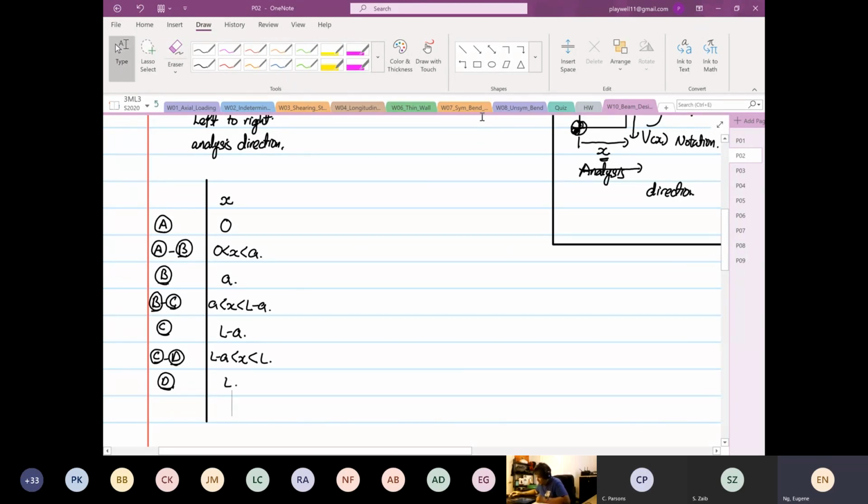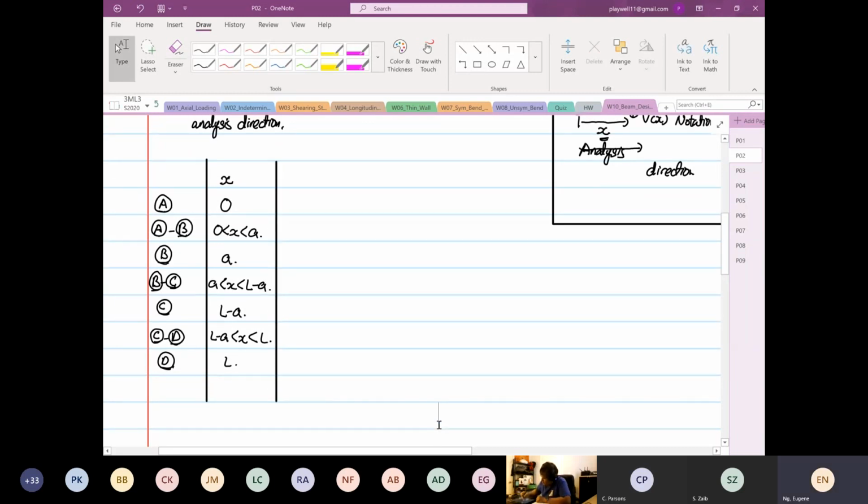Okay. Then we're going to have our equations. So this is our shear force equation, and then we're going to have our bending moment.